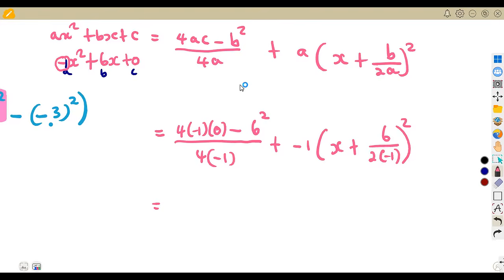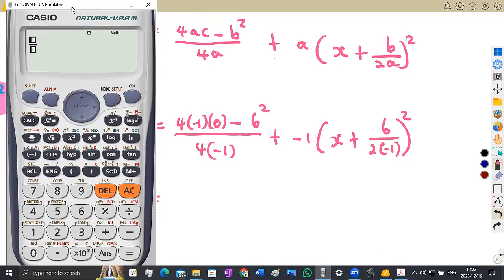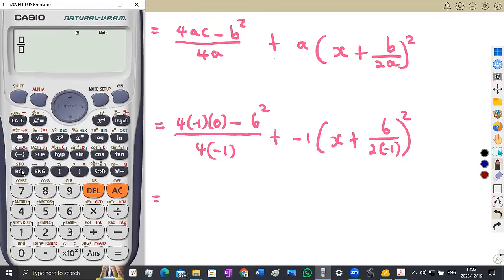All right, so we're just going to need our calculator for the first simplification. That's 4 times minus 1 times 0. Any number times 0, guys, is 0. So there's no need for us to write all this.